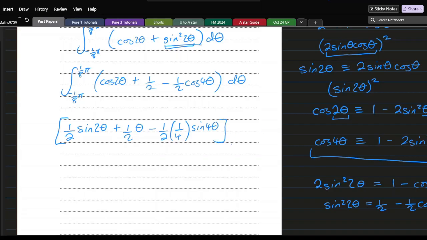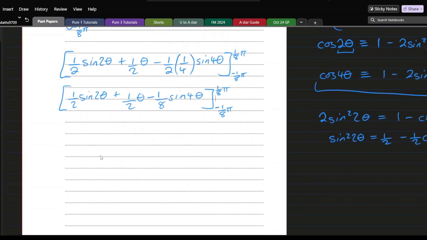And our limits are from negative 1 over 8 pi to 1 over 8 pi. Let's simplify this first. That's 1 over 2 sine 2 theta plus 1 over 2 theta minus, this becomes 1 over 8 sine 4 theta, from negative 1 over 8 pi to 1 over 8 pi. And let's substitute in our limits.